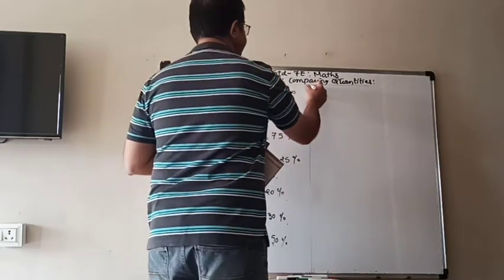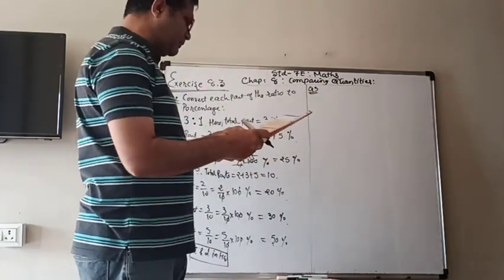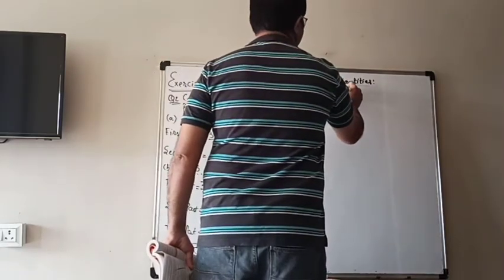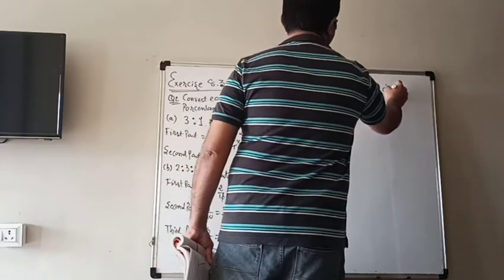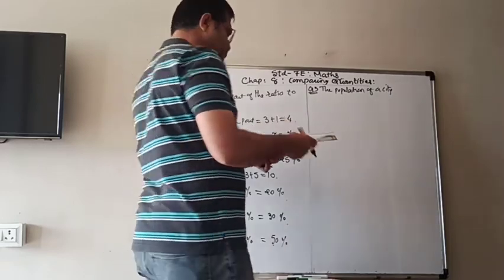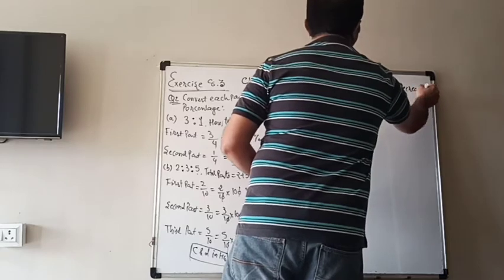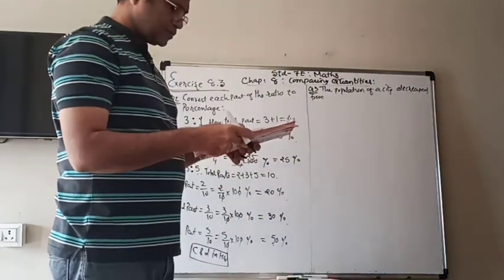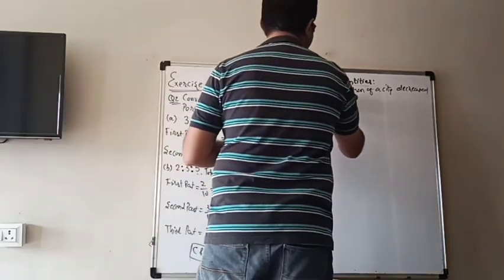Question 3. In question 3 there is a word problem. The population of a city decreased from 25,000 to 24,500.